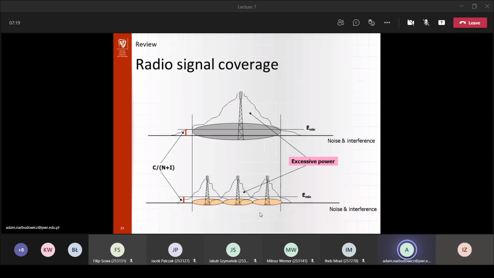In addition to the noise that we talked about, in the case of a radio system we also have a problem of interference, so other people transmitting and their signal interfering with ours.